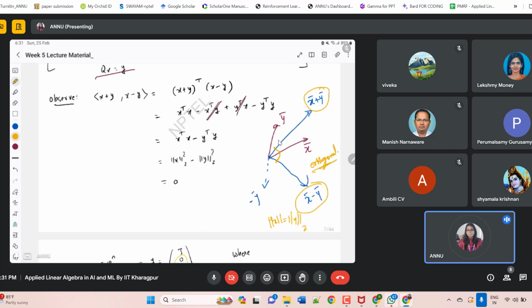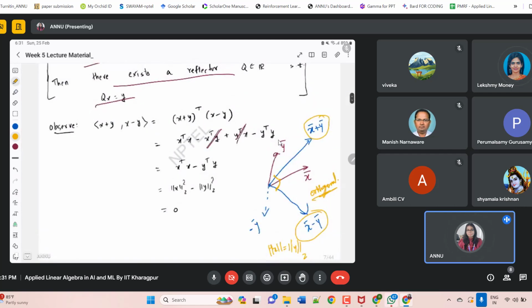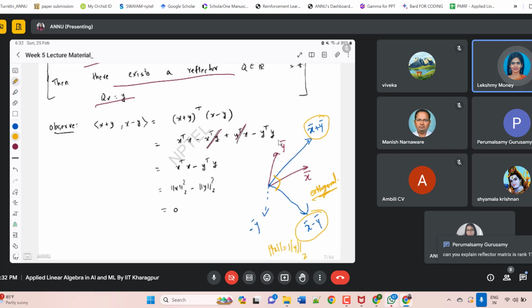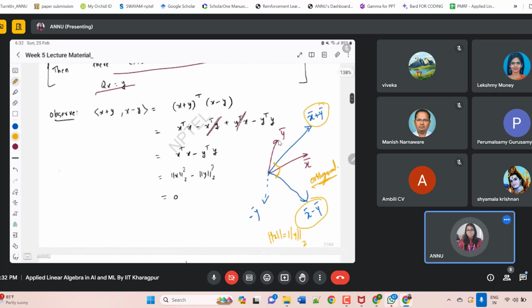And remember in our Householder reflector case, how did we get that x plus y transpose dot product x minus y is equal to 0? How did those terms cancel out? The inner product x y is equal to y x. This is nothing but x transpose y is equal to y transpose x.